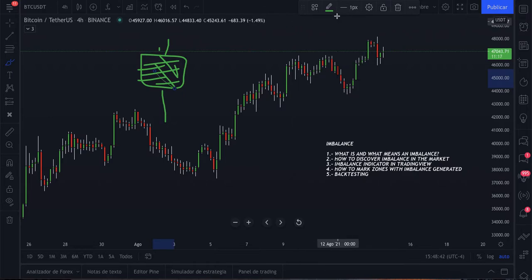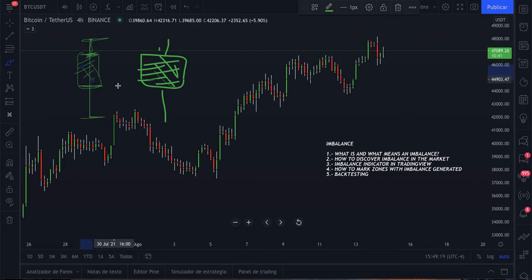This candlestick is saying to me that the price started at this level, then sellers pushed the price a little bit here at this level, then buyers got control of the price and moved the price to this level, and then it was like a kind of balance, and sellers came back to push the price and finished this candlestick at this level. So that's how we have a candlestick. That's the information that one candlestick can give us.